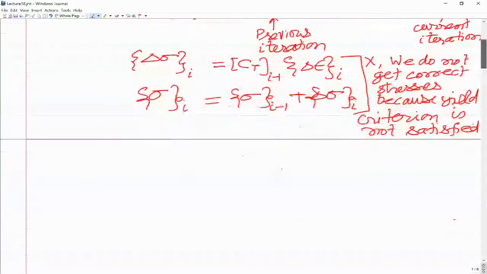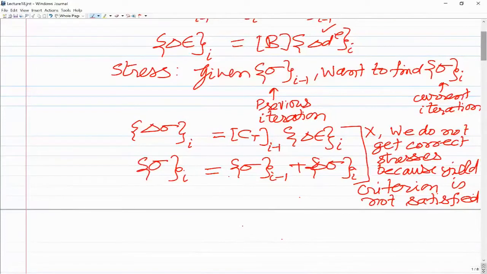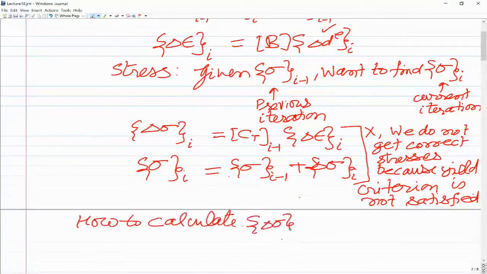So we cannot use this approach of calculating the stresses. Then how to calculate? That's the next question. If we cannot do this, then what do we do? How do we calculate the stress? If not this, then how to calculate this delta sigma I?